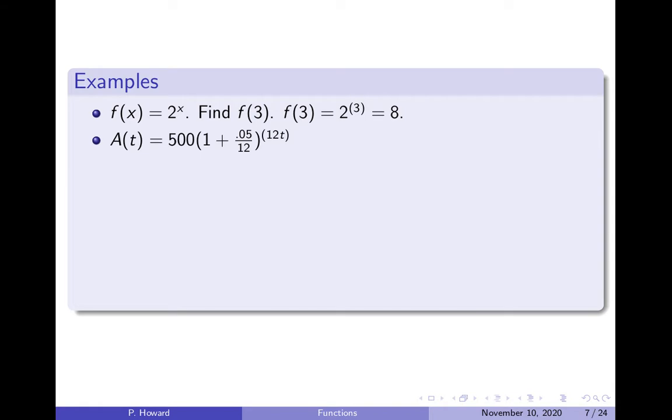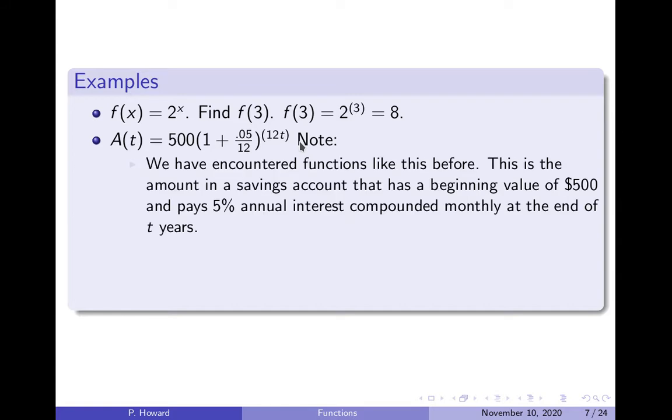Let's try a slightly more complex example. So here's a function capital A of t. And the formula is 500 times the quantity 1 plus 0.05 over 12 raised to the power 12t. We have actually seen this function before. This is a savings formula.